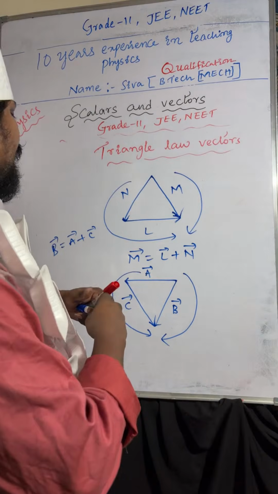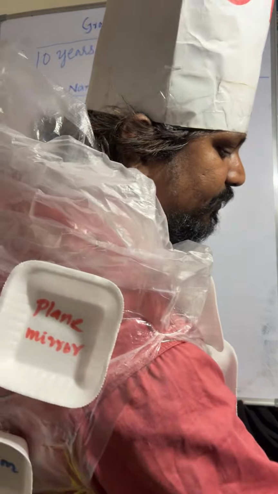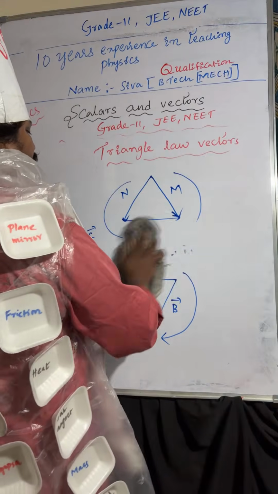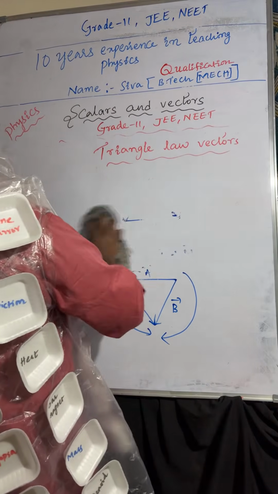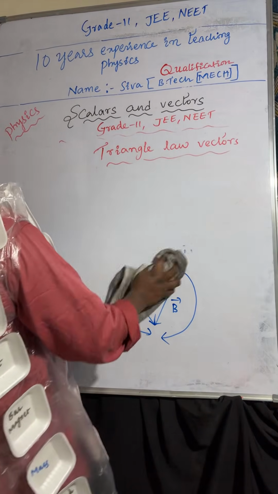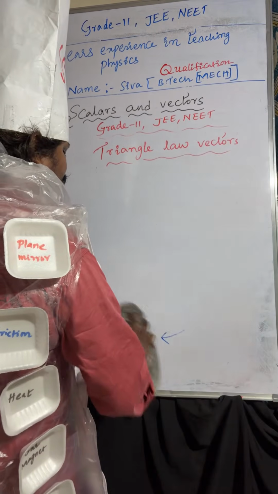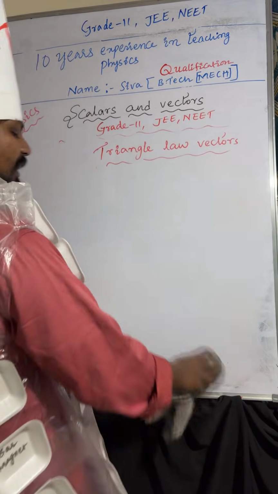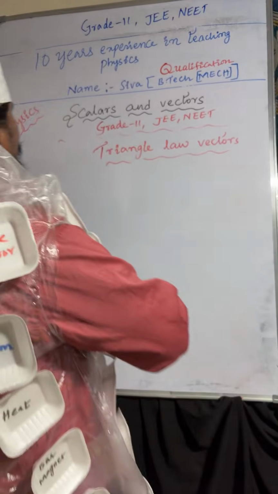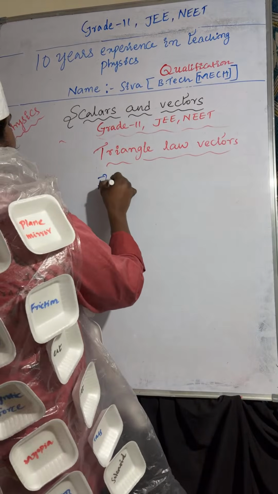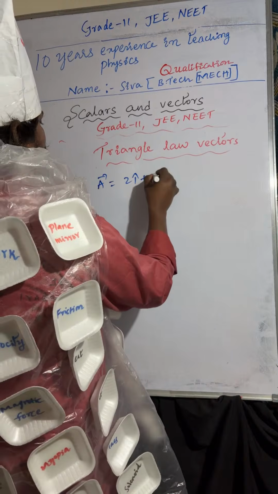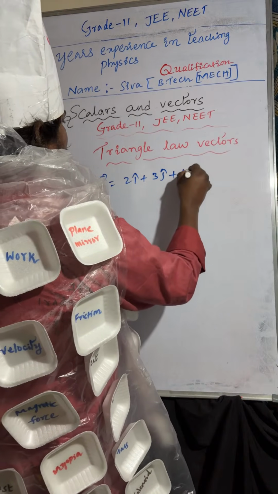Suppose how to add the vectors. I will give one example, then you can try. I am giving A bar and B bar. A bar is 2i cap, 3j cap, 4k cap.